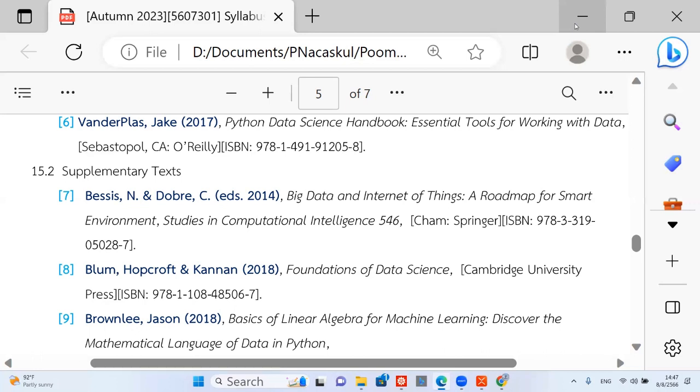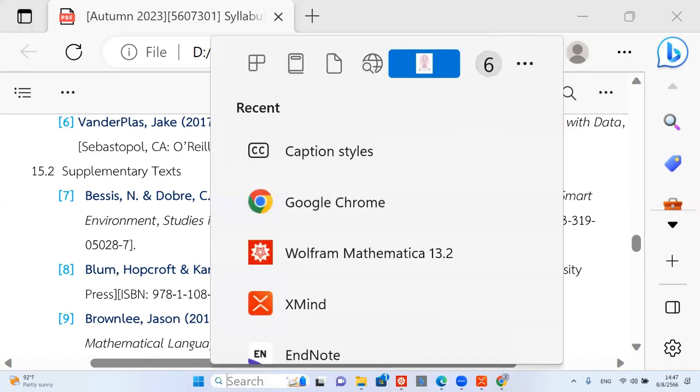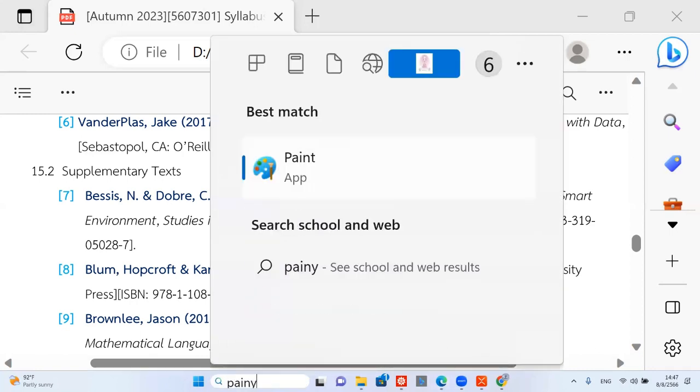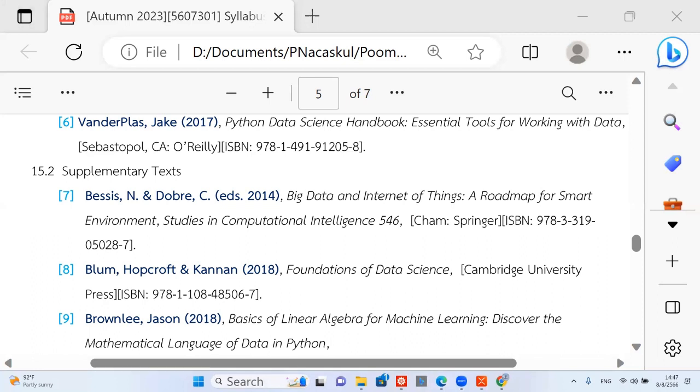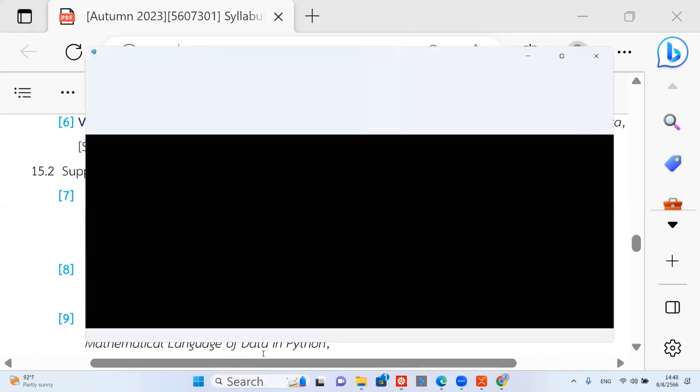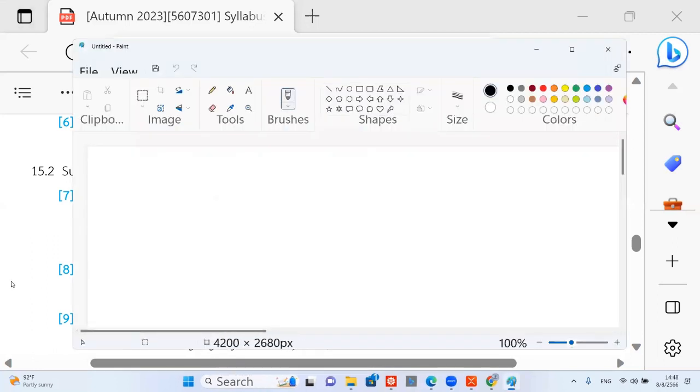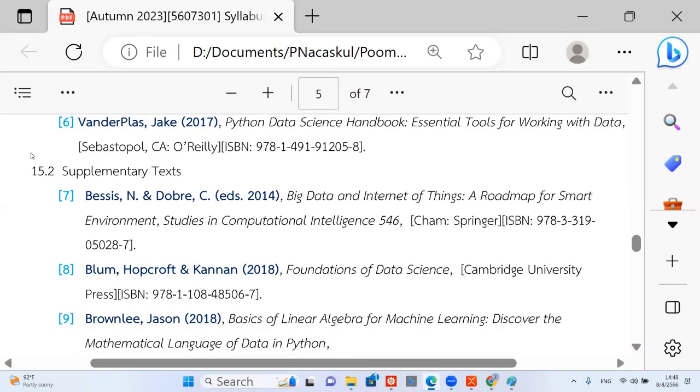Well, let me draw you a little picture. Can I draw you a picture in Paint or something? Is that Paint? Well, actually, I'm not very good with this, so I'm just going to do hand waving.